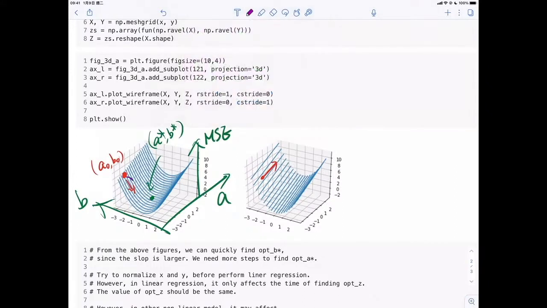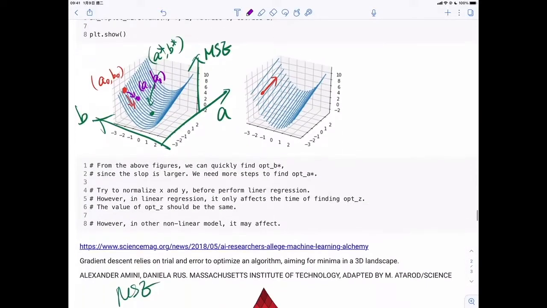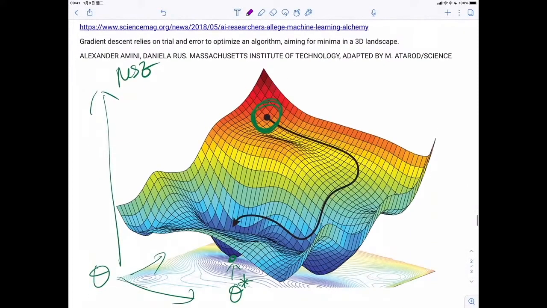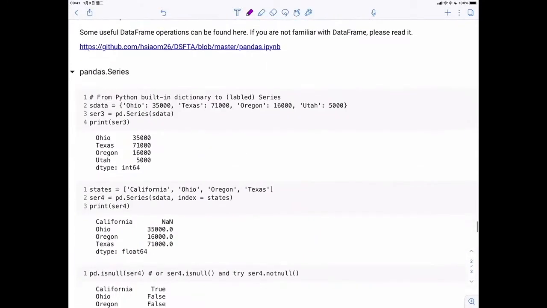It goes this way for the next step. So it's right here. That's A1, B1. And at the purple point, you do partial differentiation again. You find the best direction toward the minimum point. And so on and so forth, and finally we're very, very close to A star and B star. So that is the gradient descent. We have talked about this figure before.